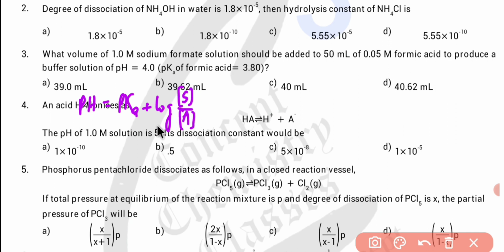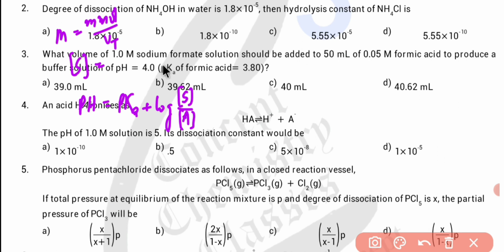The pK is given as 3.8 and the pH is given as 4. So we need to calculate this S by A. The concentration of salt can be obtained with this formula: concentration, which is molarity, is equal to millimoles divided by total volume.